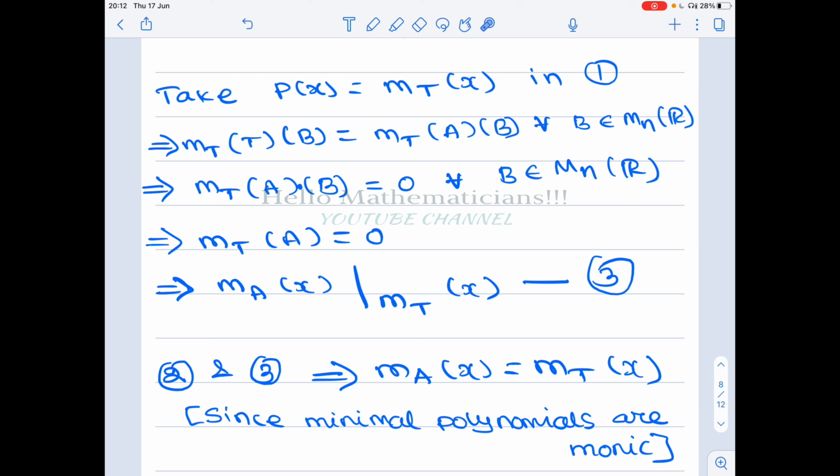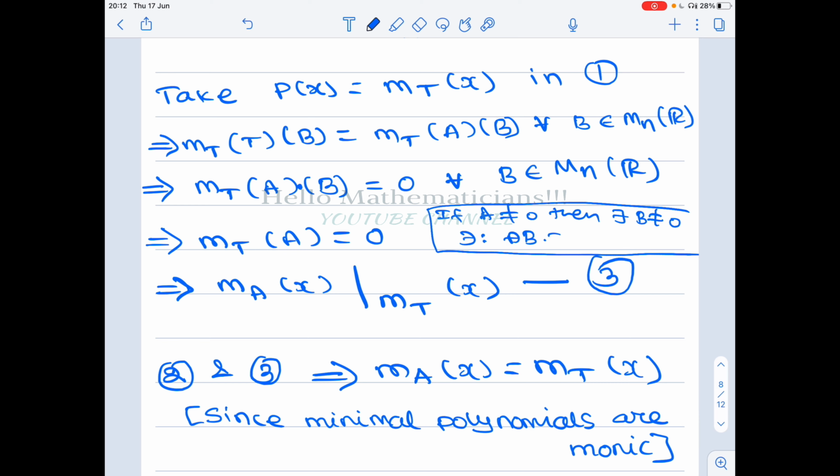If you take a non-zero matrix, you can always find a matrix B such that their product is non-zero. This is an exercise for you. So if A not equal to 0, then there exists B not equal to 0 such that AB not equal to 0.